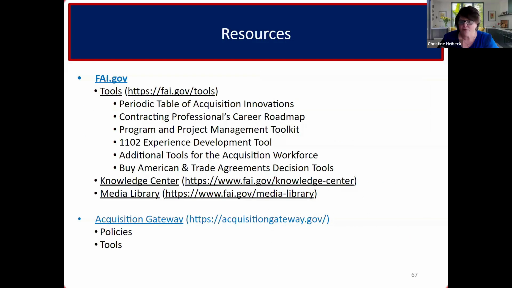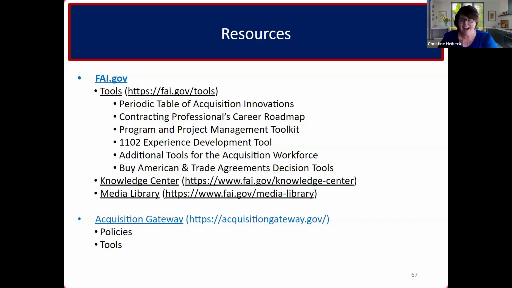Some of these David just mentioned. Under FAI.gov, you can go to tools, and you'll see a periodic table of acquisition innovation, which is on the Acquisition Gateway now as well. There's a contracting professional career roadmap. There's a program and project management toolkit, geared to help people through the procurement process.